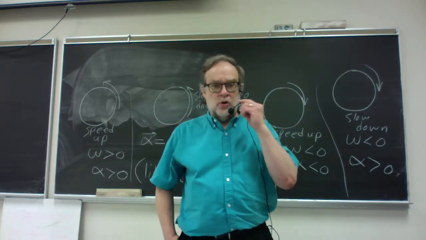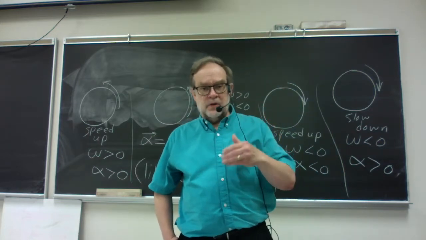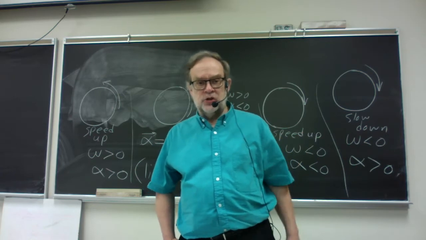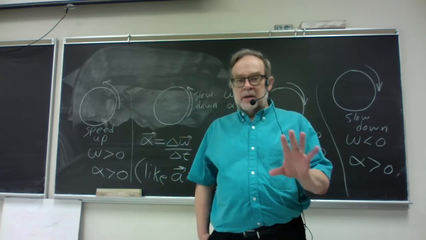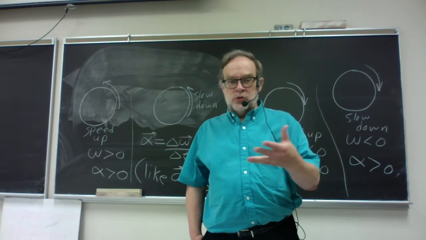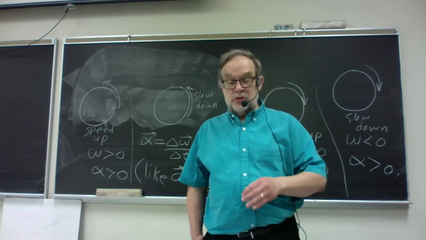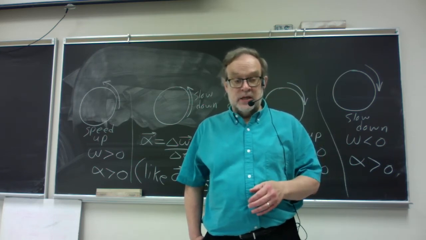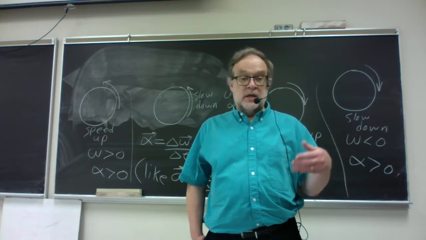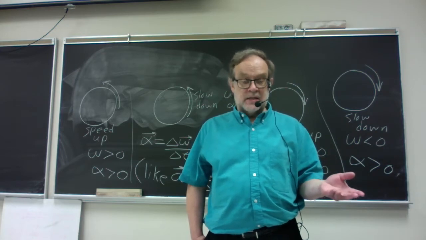Now we're thinking about rotational motion, rotational velocities, rotational accelerations, but many of the things that we do here are very, very similar to things that we've already seen. We have, for instance, a rotational velocity.